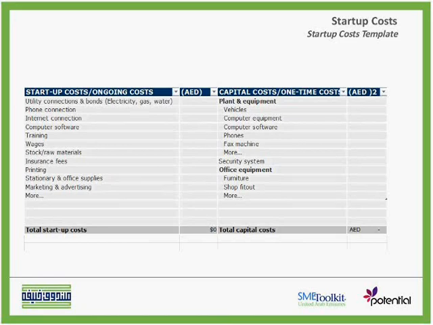As for the ongoing costs, you have to think about the utility connections, such as electricity, gas, water, the phone connection, the internet connection, the maintenance of the computer software and the updates, the training of the employees, the wages that you have to pay for the employees, the raw material or the stock that you need to continue your business, and the insurance fees that you have to keep on paying year in, year out, the printing, the stationery and office supplies, and of course, to boost your sales, you need some marketing and advertising costs that you have to keep on paying.